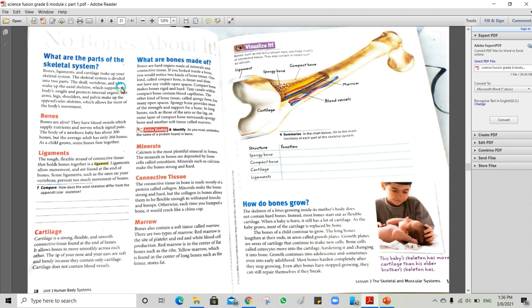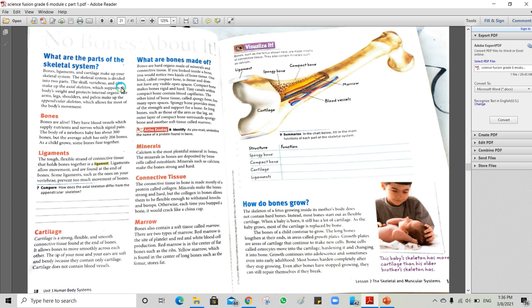So the axial skeleton consists of three things, not two: skull, vertebrae, and ribs. They are responsible for what? Support and protection of the internal organs. Perfect.